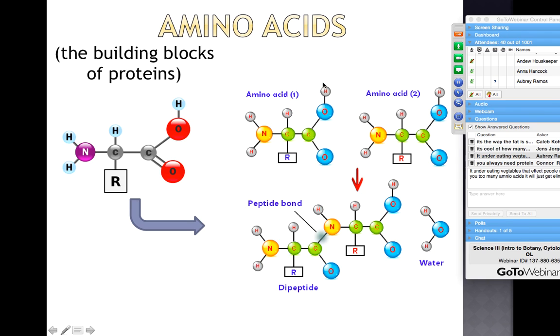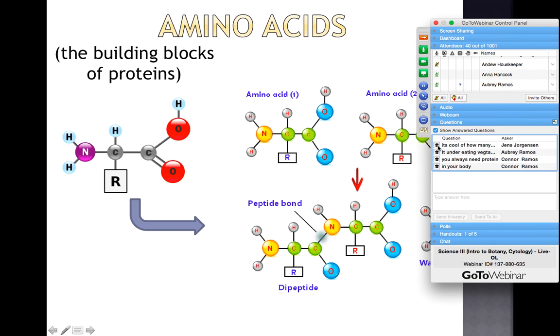One side of one amino acid joins with the other one, and this part forms what is called a peptide bond. This is a strong bond between the carbon and the nitrogen, and it releases one molecule of water. And so that is how the amino acids are joined together in this long chain that makes the protein.